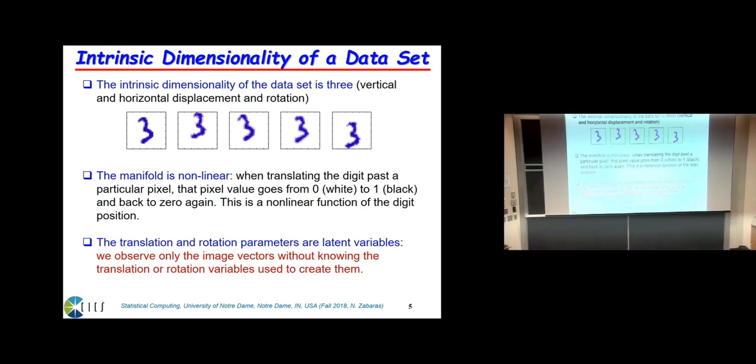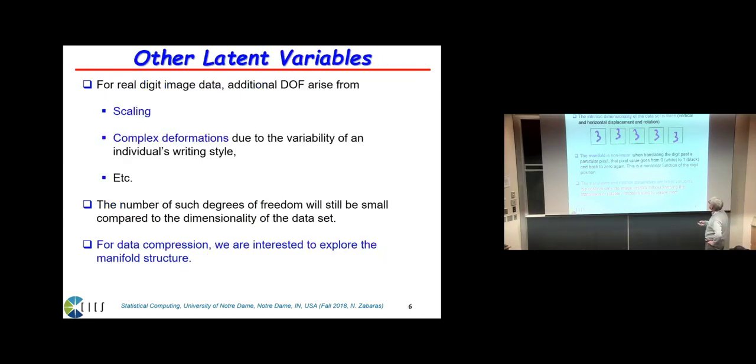The manifold that we're looking for is nonlinear, because if you take this digit and move it by 1 pixel, a blue pixel becomes a white pixel, right? So the mapping is highly nonlinear, and we will need some means to understand how to deal with that.